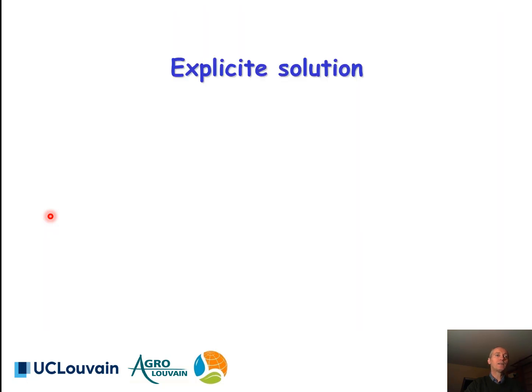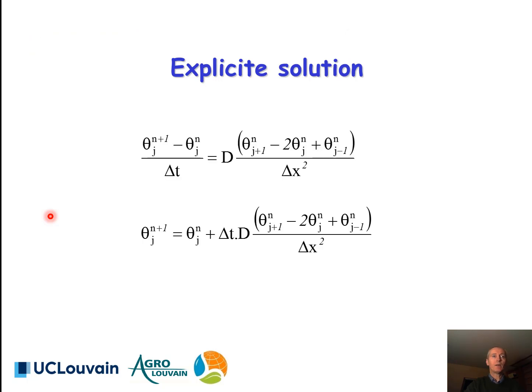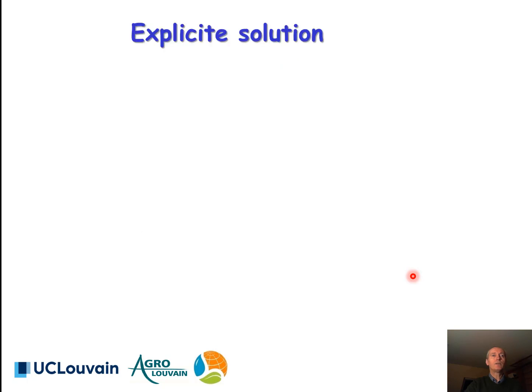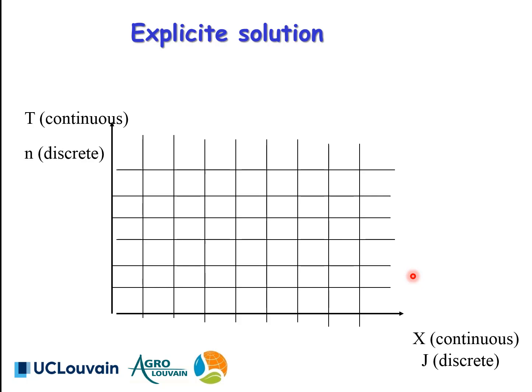Let's evaluate how the explicit solution works exactly. By reorganizing the equation, we obtain an expression of theta g evaluated at n plus 1, and this in terms of theta g at n and its neighborhood values, g plus 1, g minus 1. Let's see how we can use this solution to solve the flow equation. Let's consider our numerical grid.